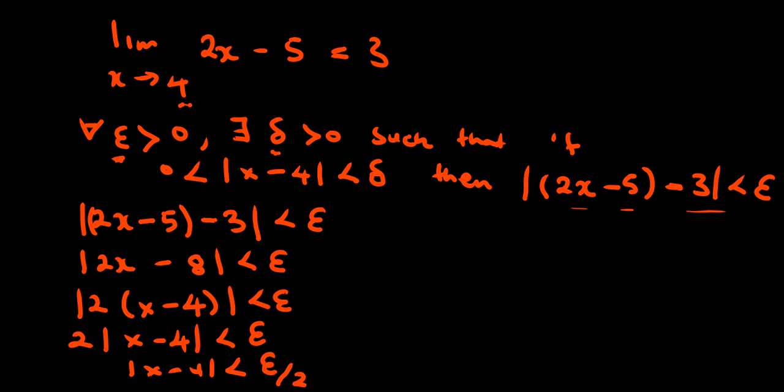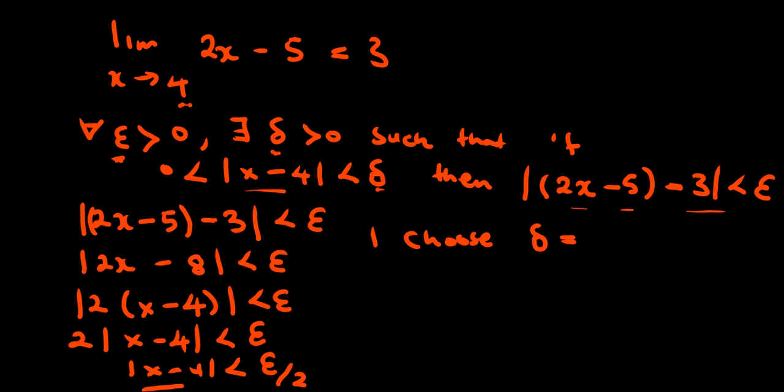Now, this part here, the first part where I have modulus of x minus 4, I can see from what I defined here that this part is less than delta. So when you reach this stage, what you must do is choose a delta that must work. So you will say I choose delta to be.